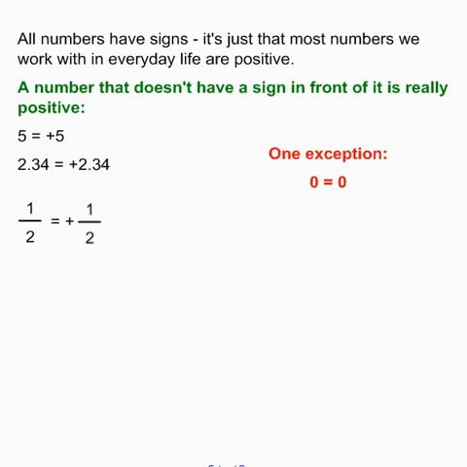When we talk about 5, we really mean positive 5. When we talk about 2.34, we really mean positive 2.34, and that's true for fractions also. The one exception of numbers that you're used to working with that doesn't have a sign is 0. It lies right on the boundary between the positive numbers and negative numbers.